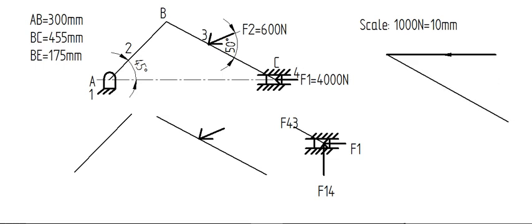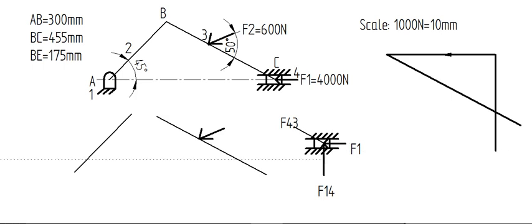I don't know exactly the magnitude, so I'll just draw a straight line and leave it as it is. But you know F14 is a vertical component, so if you take a vertical component it will intersect at one point, so the directions will be like this.